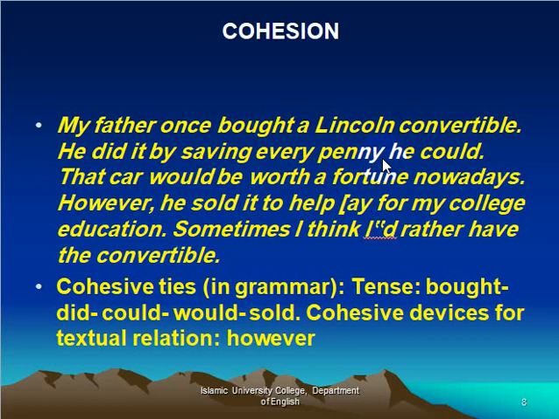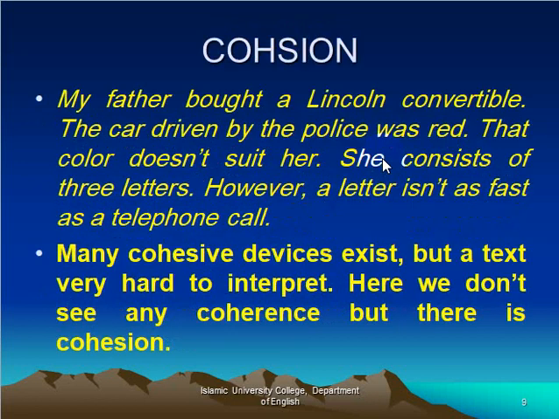However, furthermore, moreover, nevertheless, hence, and so on and so forth. So there are so many cohesive devices, but the text is very hard to interpret. Here we do not see any coherence, but there is cohesion.